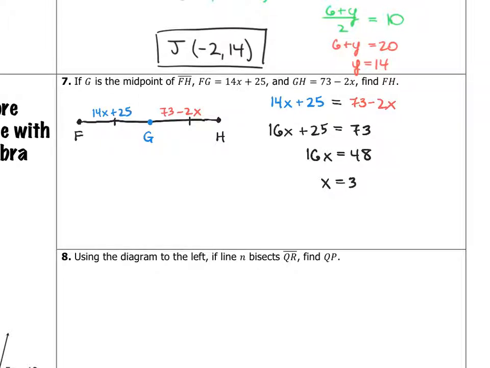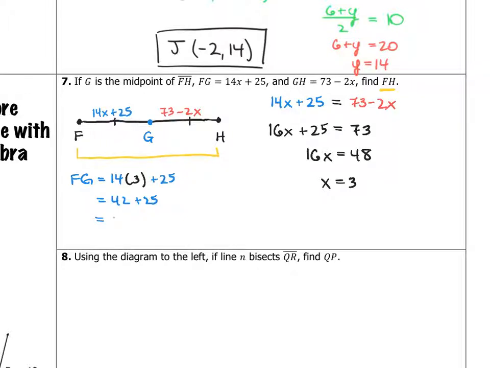Now how does that help me? Well, it wants me to find FH, that's what the question's asking, find the length of segment FH, so that's the length of the entire segment here. Well, now that I know that x is 3, I know that FG is equal to 14 times 3 plus 25. So simplifying that down, I get 14 times 3 is 42 plus 25.